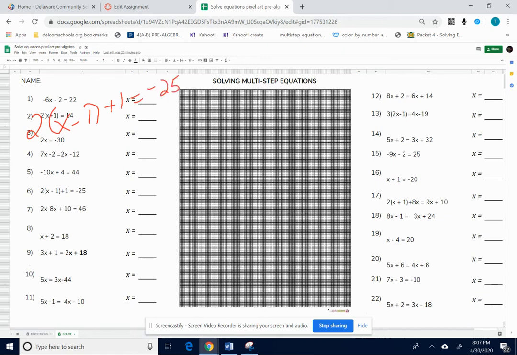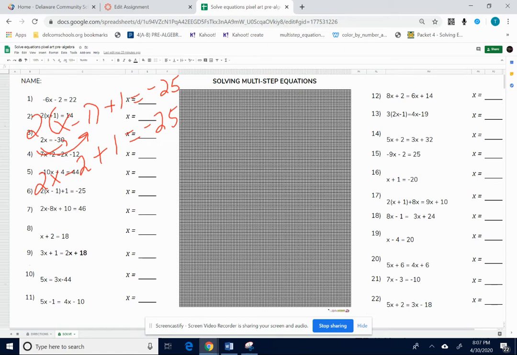Okay, I'm going to go through those steps that we talked about just a second ago. I'm going to get rid of my parentheses first. Okay, 2 times x is 2x. 2 times negative 1 is negative 2. Okay, bring the rest of the problem down. So 2x minus 2 plus 1 equals negative 25.